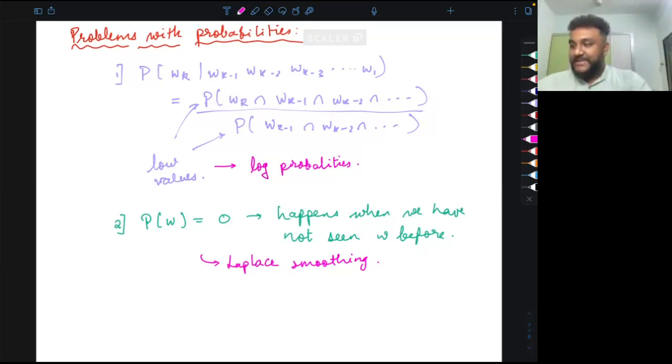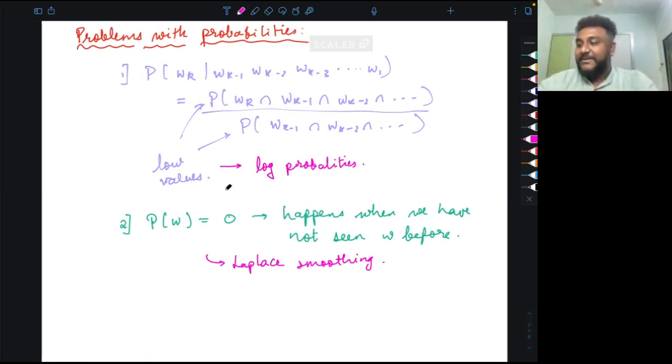Okay, so these are the typical problems that we have with probability. I just wanted to discuss these here itself because we have to keep these in mind. The difficulty of understanding today's topics is going to be with these issues. Particularly, how do we deal with very small numbers and how do we deal with unseen words? With these two problems in mind, we can now start implementing the technique which we have decided on.